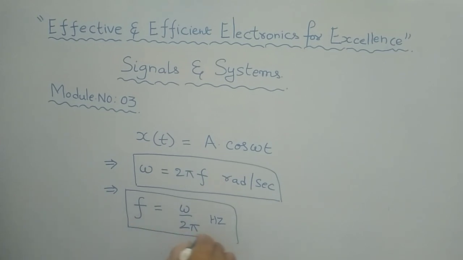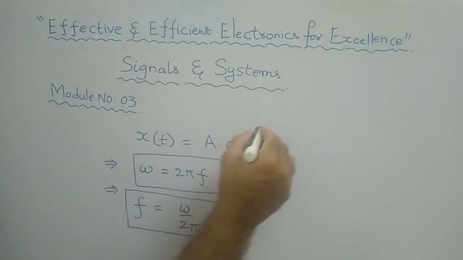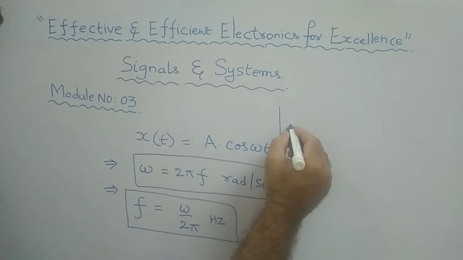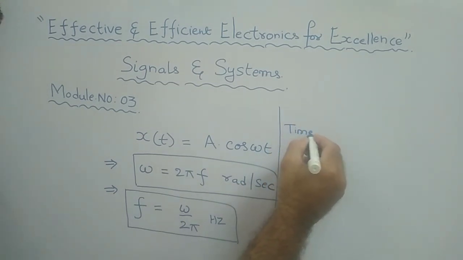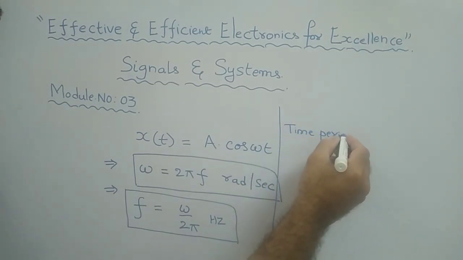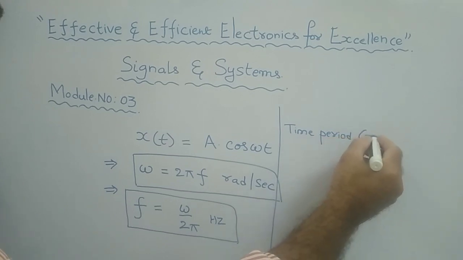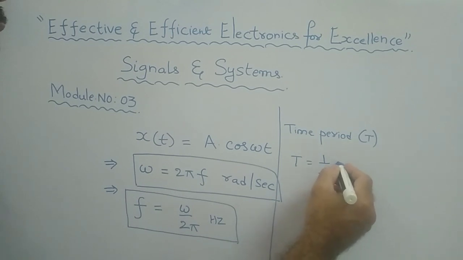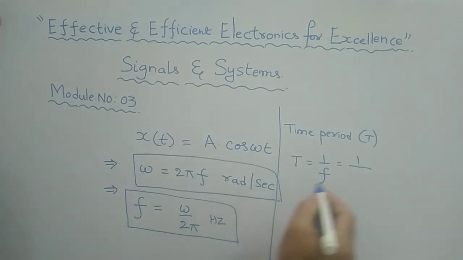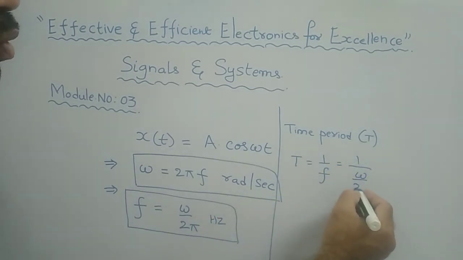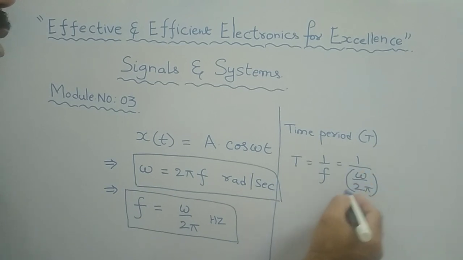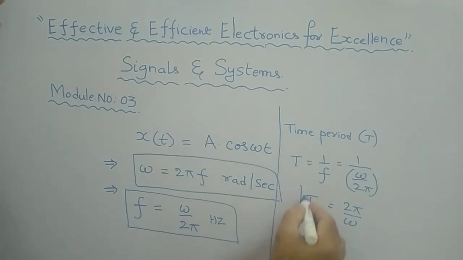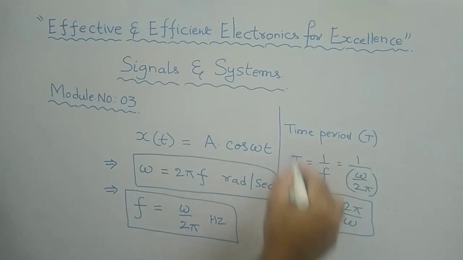And then from here, what is the time period of the signal? Time period T is equal to 1 by f. This is equal to 1 by omega by 2 pi, which is nothing but 2 pi by omega seconds.